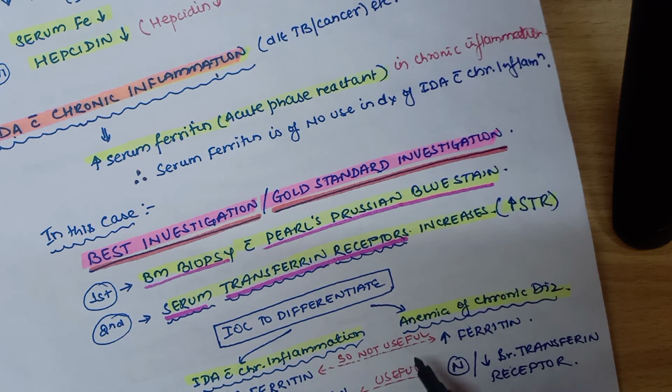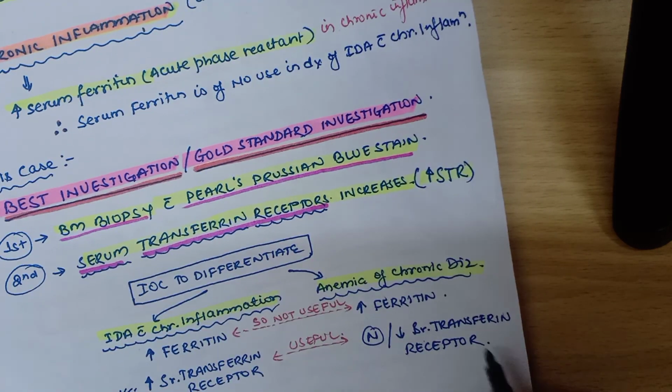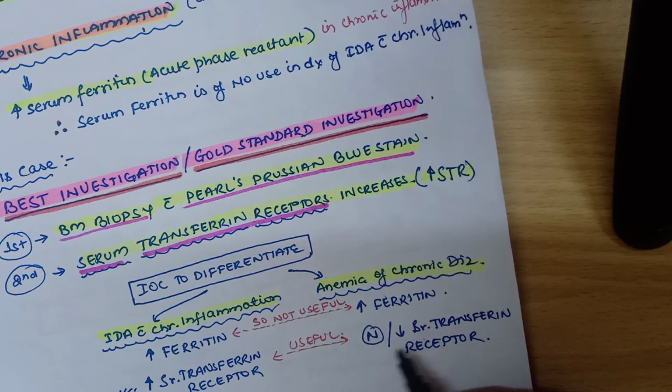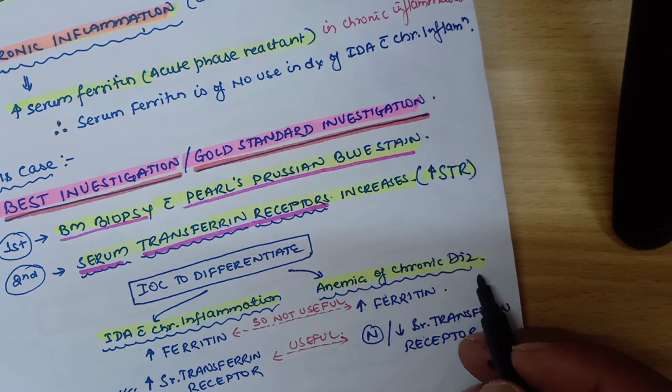So as to differentiate between these two conditions, the investigation of choice is serum transferrin receptor level. There will be increase in serum transferrin receptor in case of iron deficiency anemia with chronic inflammation, and serum transferrin receptor will be normal or decreased in case of anemia of chronic disease.